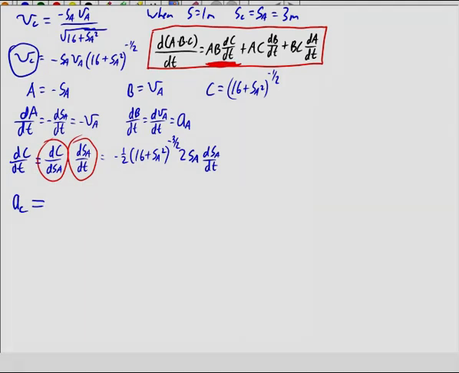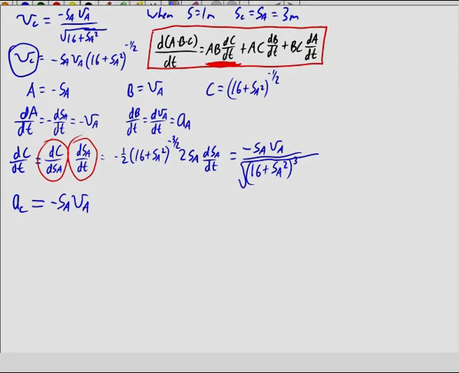A is negative SA, b is VA, and then the derivative of c, I'm going to go ahead and clean it up a little. I notice there's a 2 there, there's a negative 1/2 there, so the 2 and the 1/2 can cancel each other out, but we still have that negative. We know dSA is VA, so we're going to say negative SA VA, and then I'm going to put the 16 plus SA squared, cubed, square root, and we have something that looks a little bit cleaner.